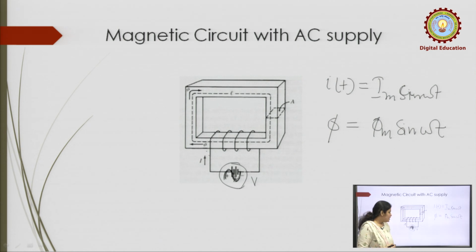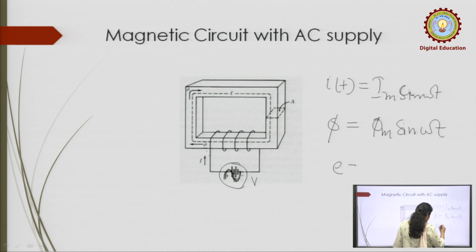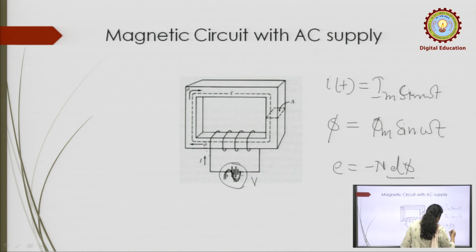So this voltage is changing in nature. According to Faraday's law, the EMF is induced and the value of this EMF is equal to minus N d phi by dt.